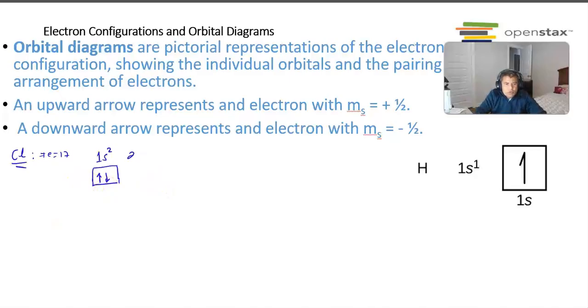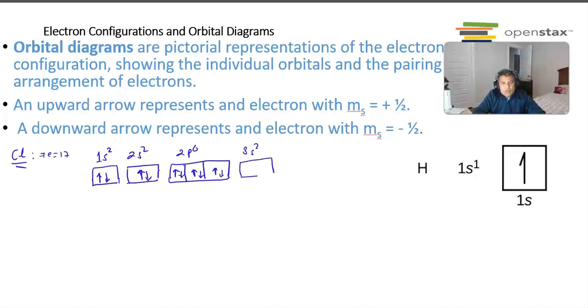Now 2p6, but the p is further divided into 3. 2p6, then 3s2, and 3s2 has just 2 electrons. Then 3p5, right?